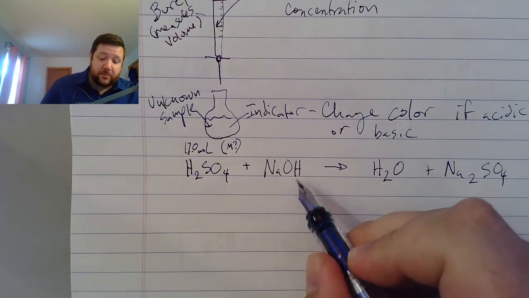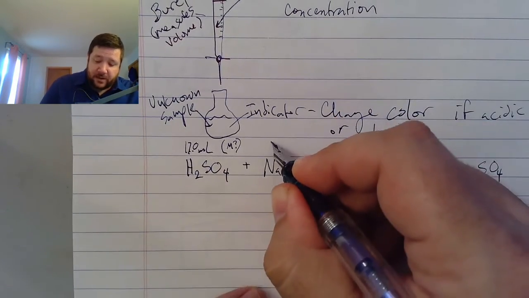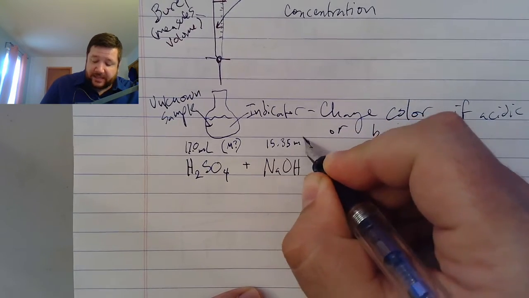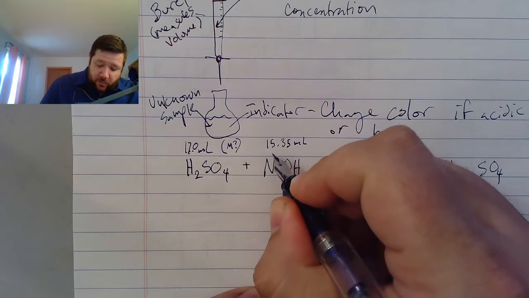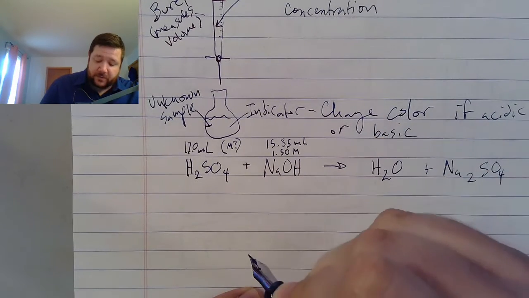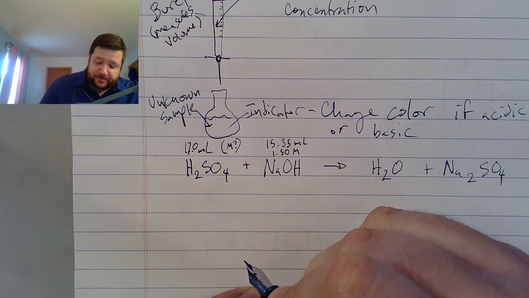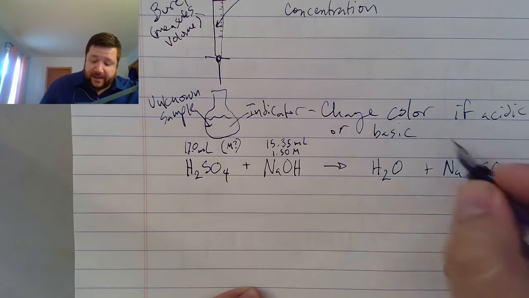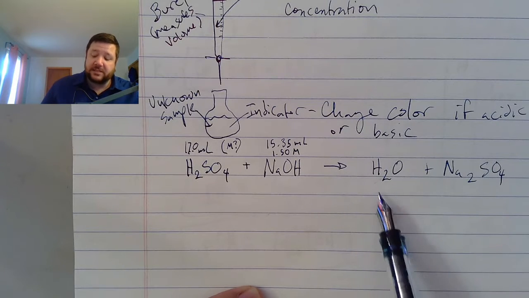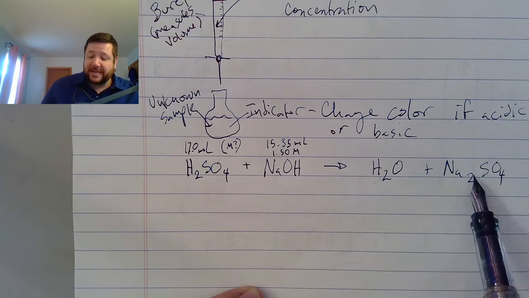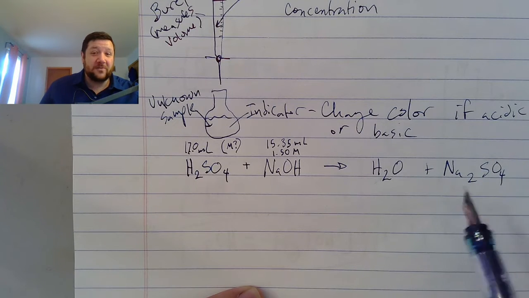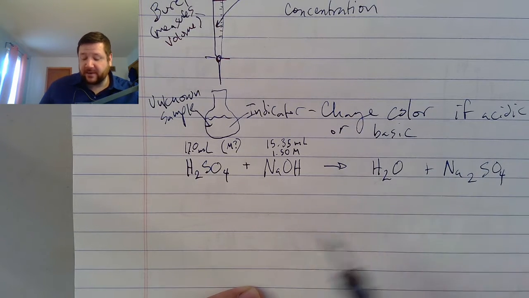We do know, though, that we had to drip in 15.34 milliliters of 1.50 molar NaOH. And that when we did that, we completely neutralized the reaction. So all that was left was H2O and Na2SO4. That means that there was nothing left over that would make it acidic or basic.